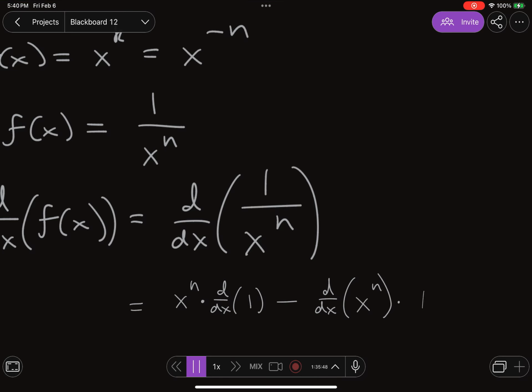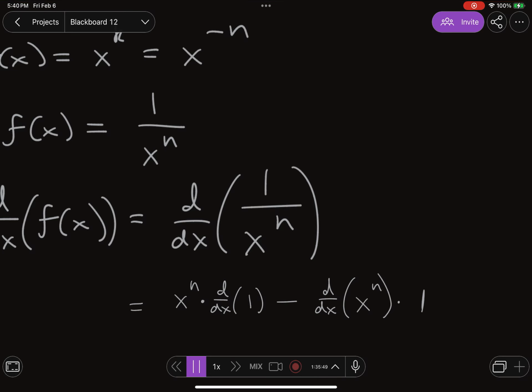Times 1, so this is low d high minus high d low, all divided by the bottom function squared, so x to the n squared. The derivative of constant is 0, so that's gone.